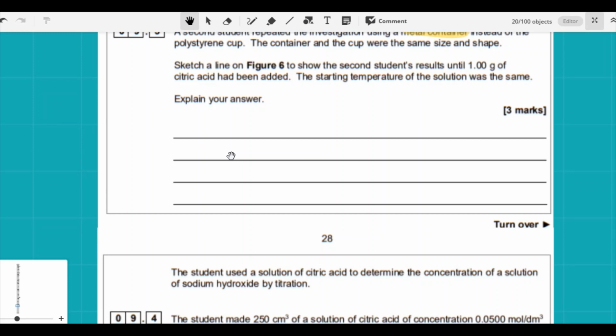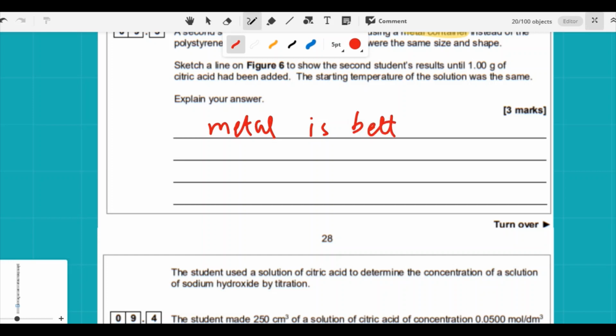So you can write a less steep line starting from 18.6 degrees Celsius and reaching 1 gram of citric acid. Why? Because the metal, I am going to write, metal is a better conductor. Okay, so it means that a better conductor means it absorbs more energy.